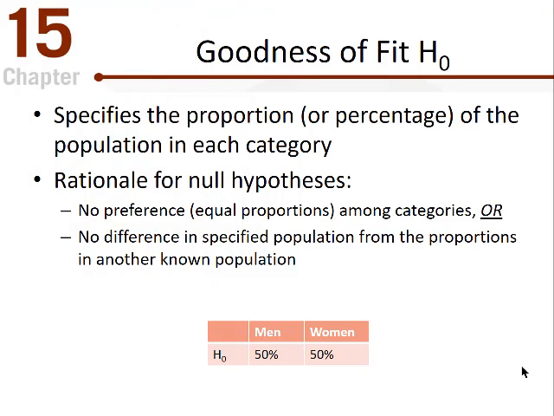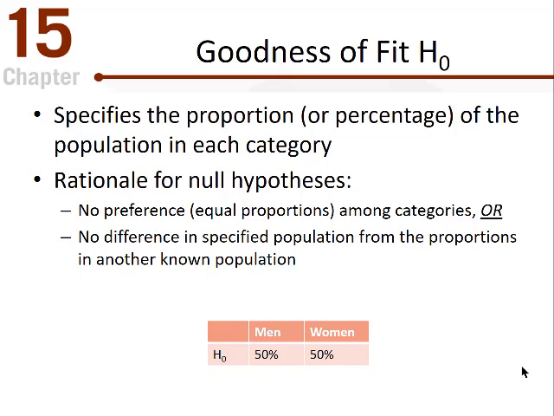The chi-square goodness of fit test uses sample data to test hypotheses about the shape or the proportions of a population distribution. It tests the fit of the proportion in the obtained sample with some hypothesized proportion of the population. With the chi-square, we specify the proportion or percentage of the population in each category.